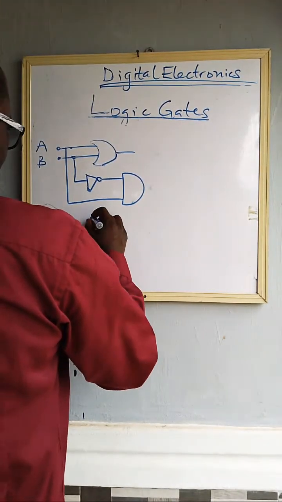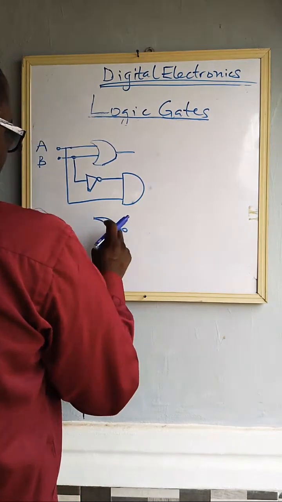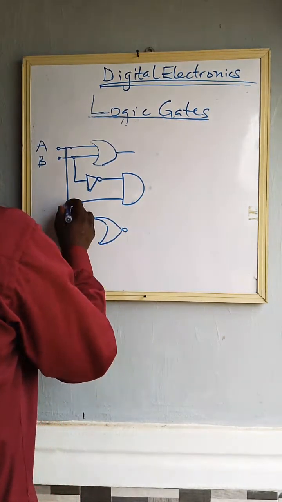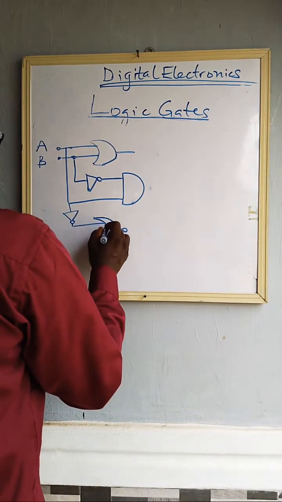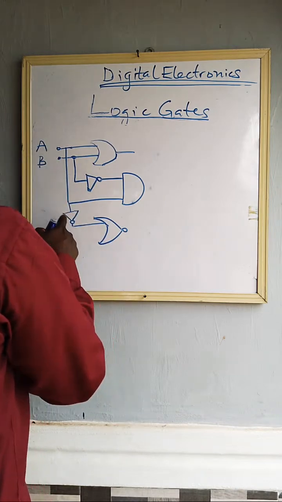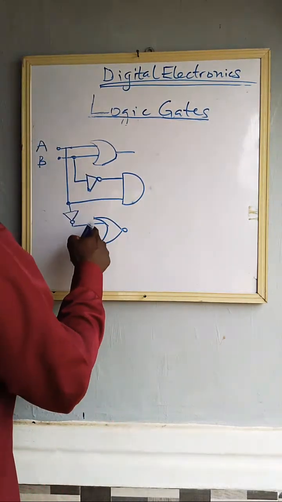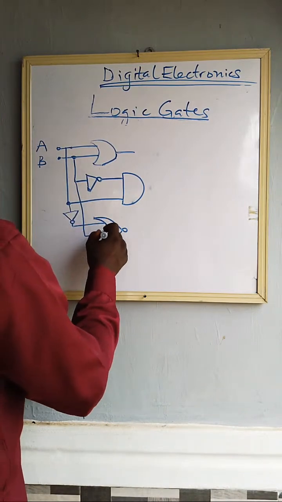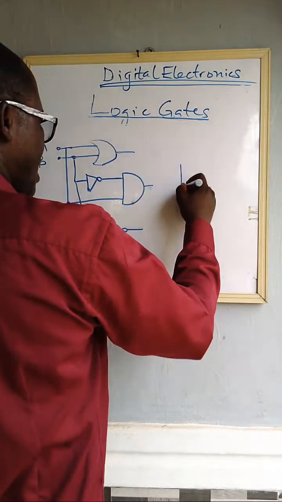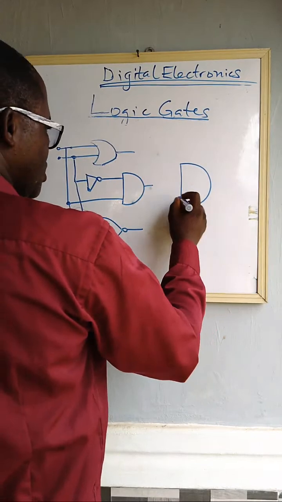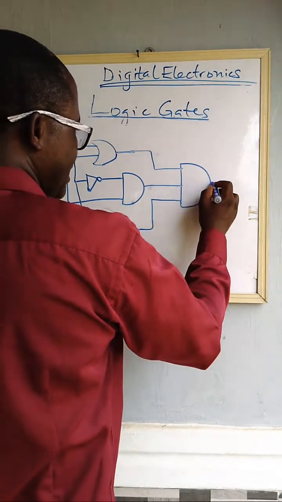Also, we have a NOR gate. The NOR gate is having the input A having a NOT gate introduced, and then input B is coming, and then the outputs of these three gates are now entering into one final gate, which is actually an AND gate.